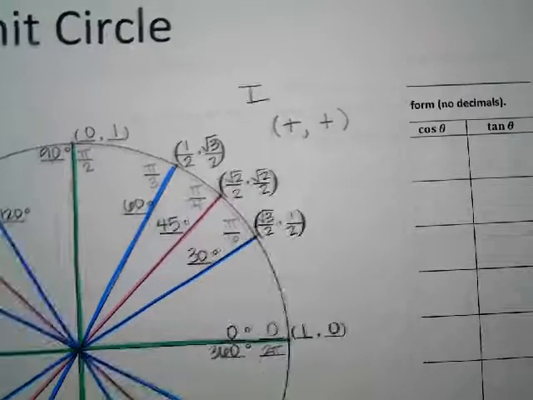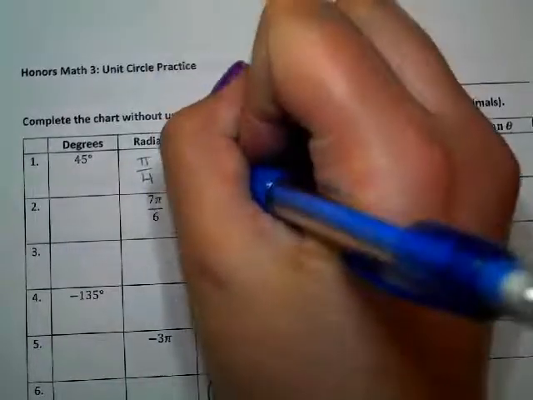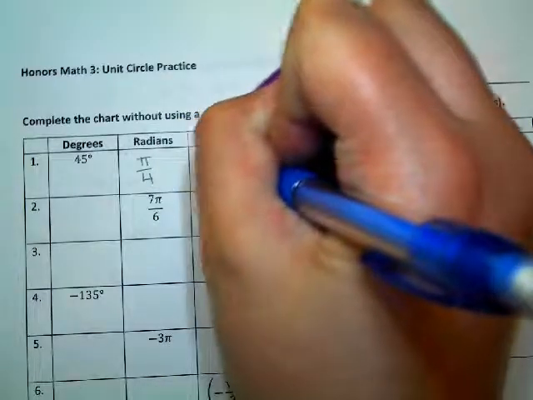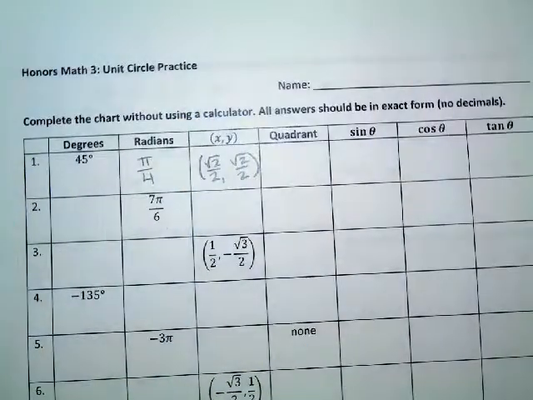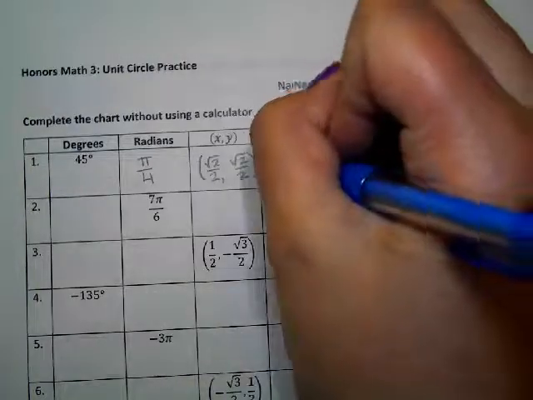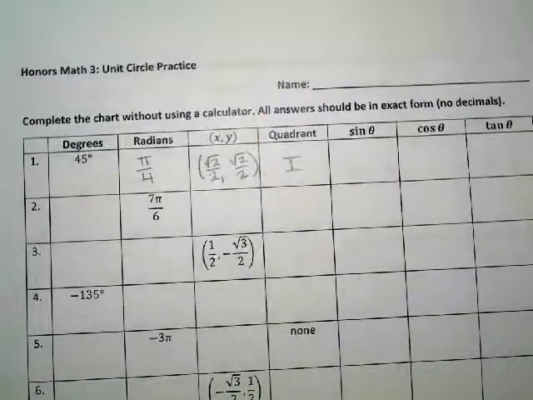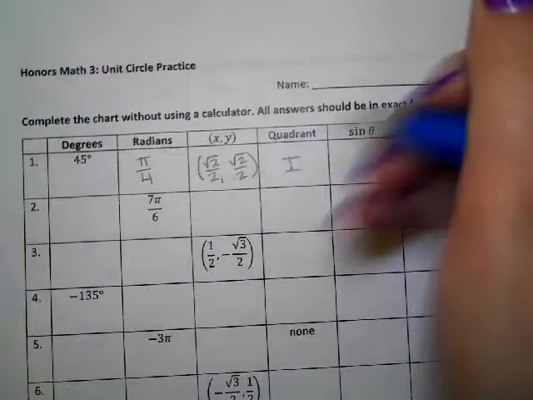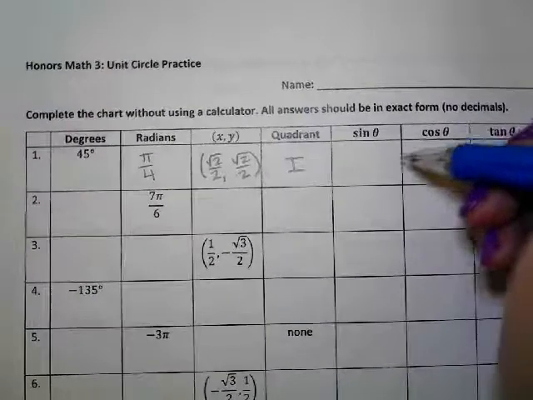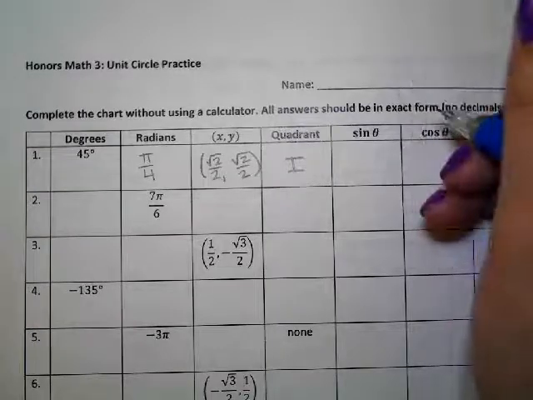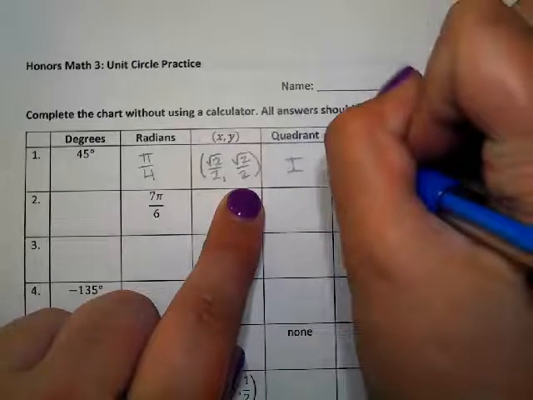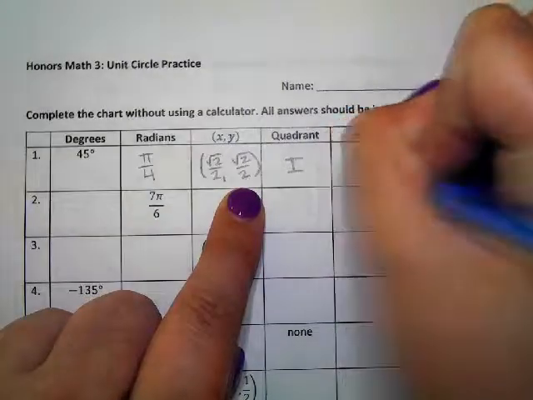What quadrant is it in? Quadrant 1. Okay. So sine of 45, or sine of pi fourths, is what? So that's the y coordinate. Cos of 45, or cos of pi fourths, is what? Root 2 over 2, that's the x coordinate.